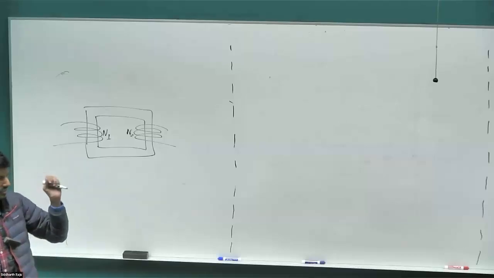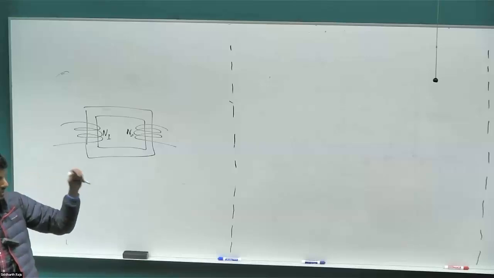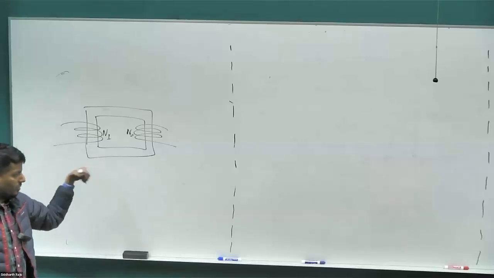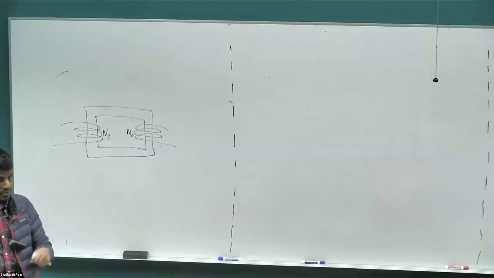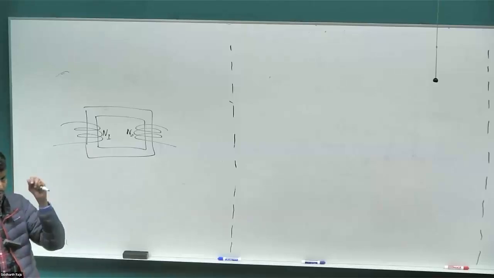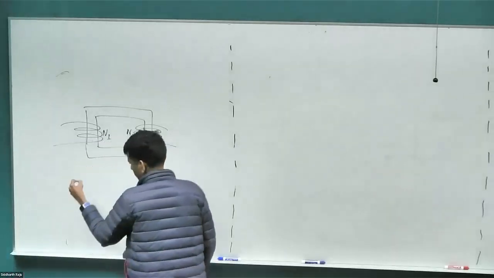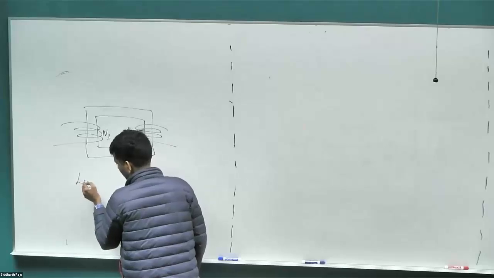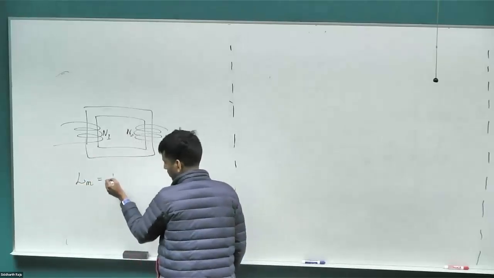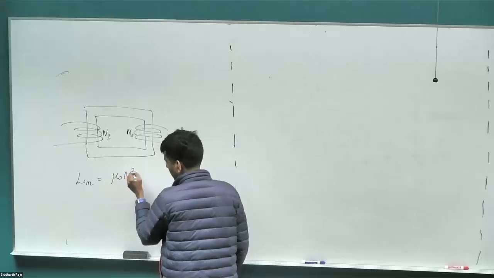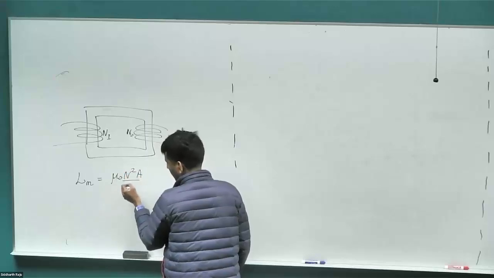The formula for inductance beautifully remains the same across motors, across whatever structure you have, it has the same pattern. You'll have a mu naught term, you'll have an N squared term, you'll have some area term, and you'll have some length term in the bottom. So Lm, the inductance of the coil, is going to be mu naught N squared times the cross-sectional area divided by L.